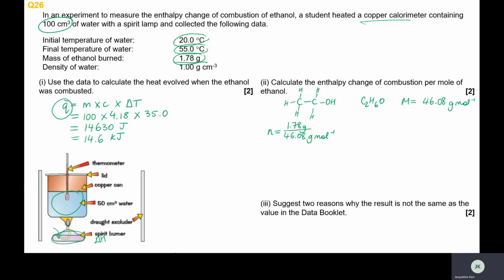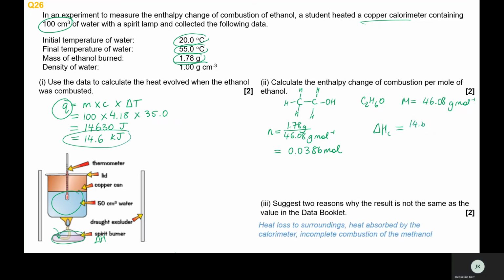Over our molar mass, and that tells us we have 0.0386 moles of ethanol that we burnt. So now our enthalpy of combustion is going to be the heat change that we calculated in the first part, over the number of moles used.